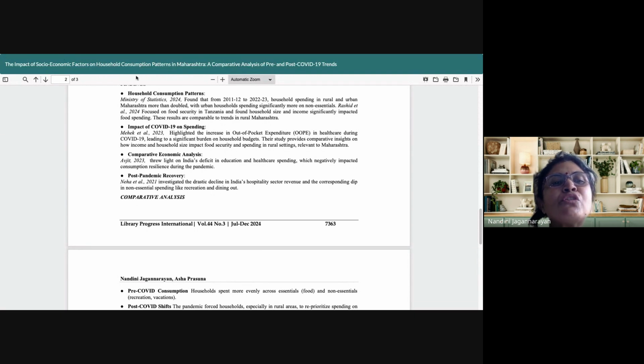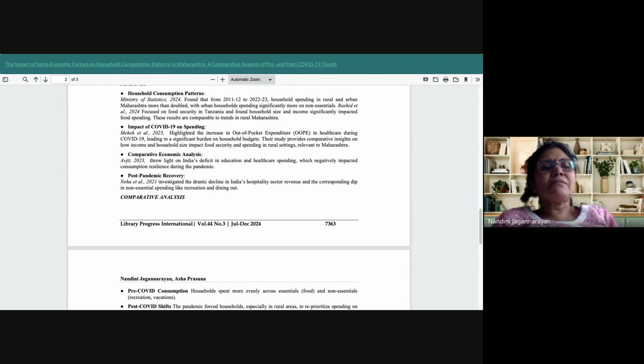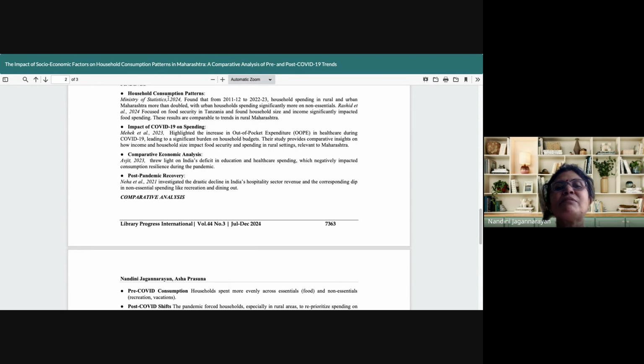Impact of socio-economic factors. Socio-economic matlab their income, their expenditure size, and then economic, I mean their gender, their household size, etc. Right? Consumption patterns. Like for example, when I say household consumption, somebody has already studied, right? And they said that household size and family income significantly impacted.